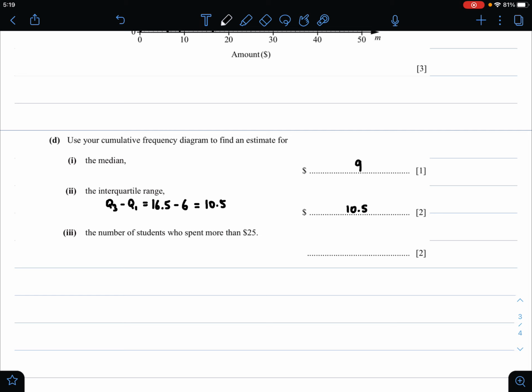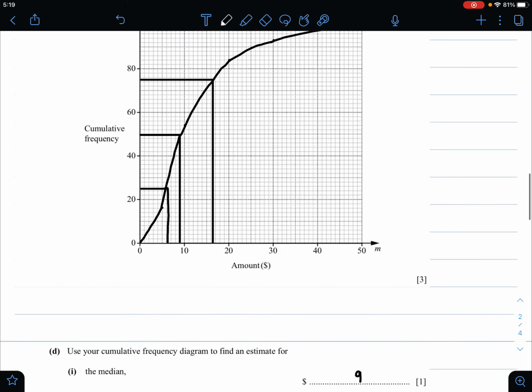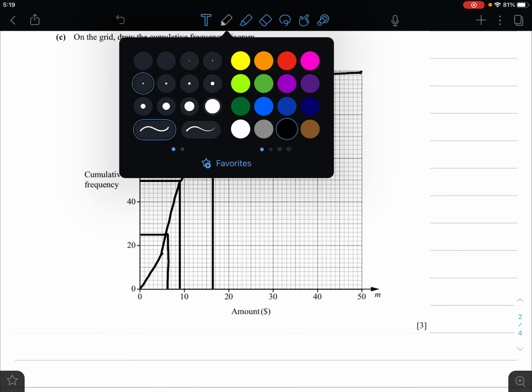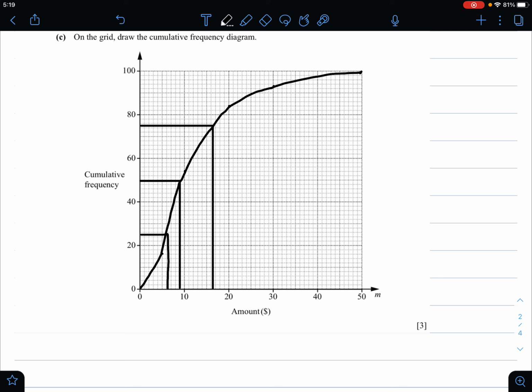For part D3, they are asking us to write the number of students who spent more than $25. So from this part, we have to work the other way around. From the x-axis, this would be 25. We draw a vertical line up where it connects to the graph. That would be right here.